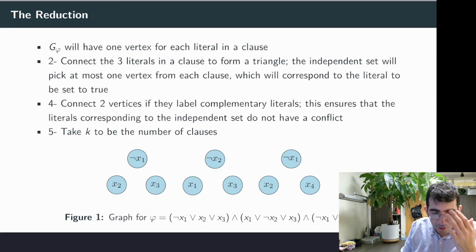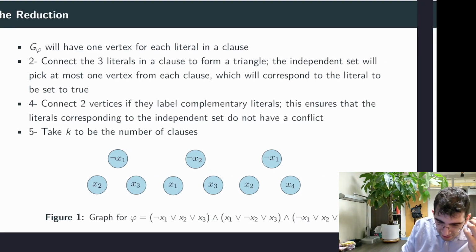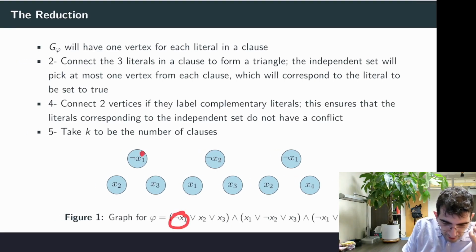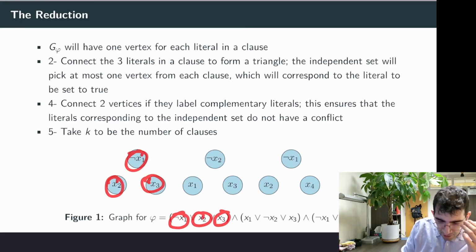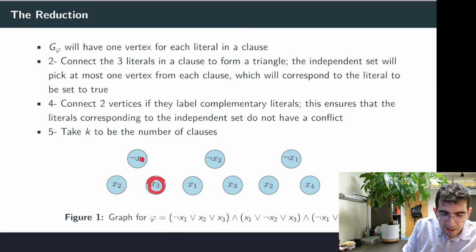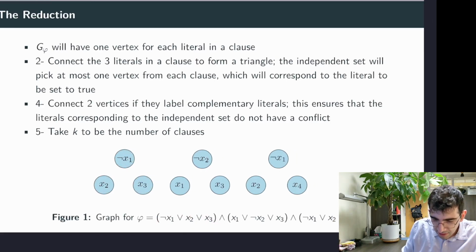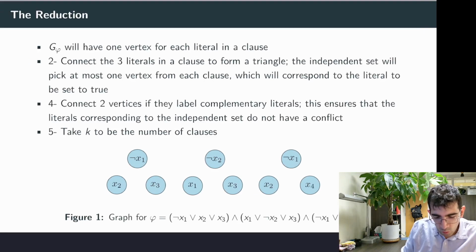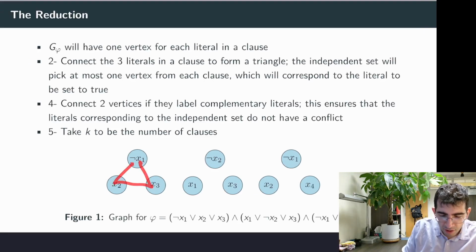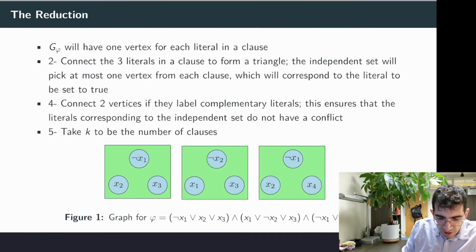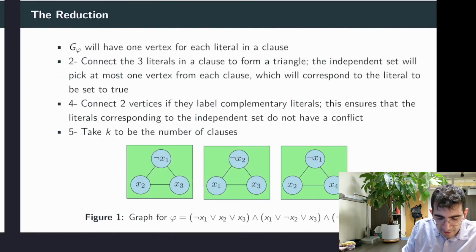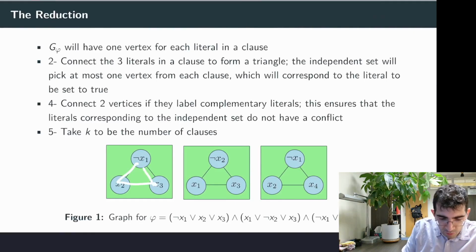Let's say for each literal we add a node to the graph, each literal. Okay, what do we do next? Well, we need a way to designate that there are 3 literals per clause, so maybe we should just add edges between the literals. Okay.